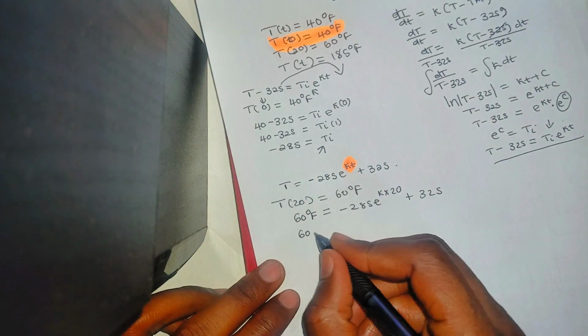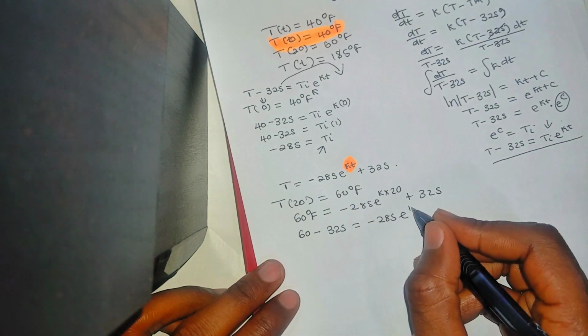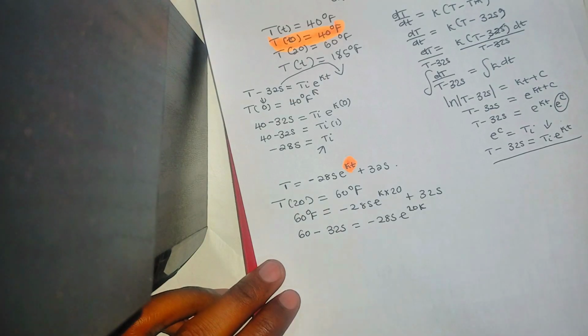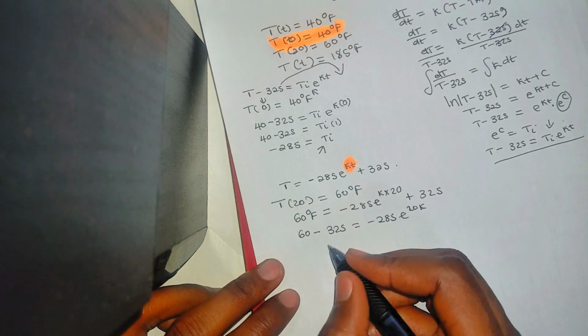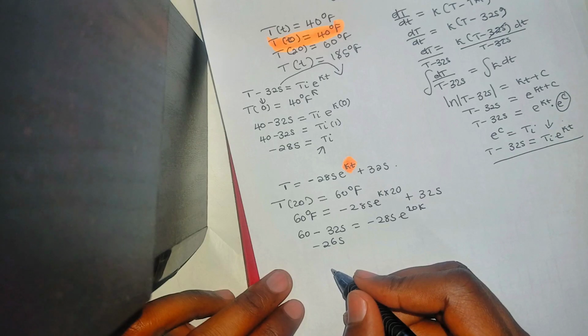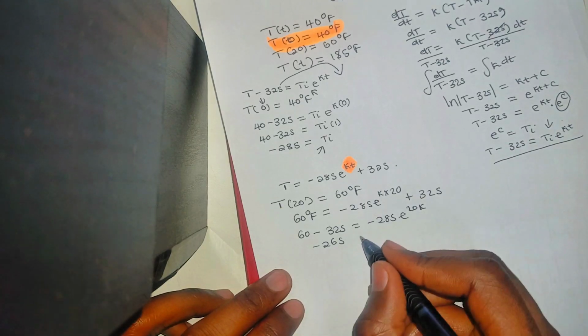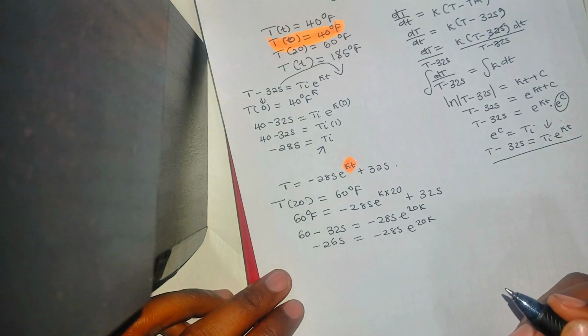So 60 minus 325 is equal to negative 285 e to the power 20k. 60 minus 325 is minus 265. So it's equal to minus 285 e to the power 20k, right?